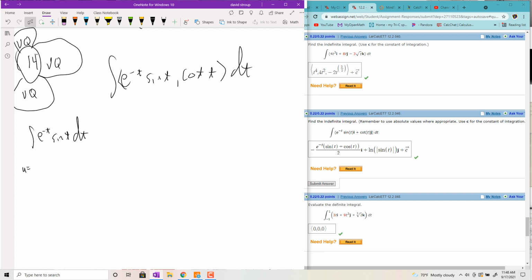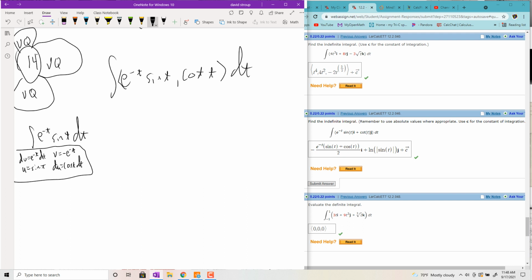So u, from LIATE, would be the trig before the exponential, and dv is e to the negative t dt. So v is negative e to the negative t, and du is cosine t dt.